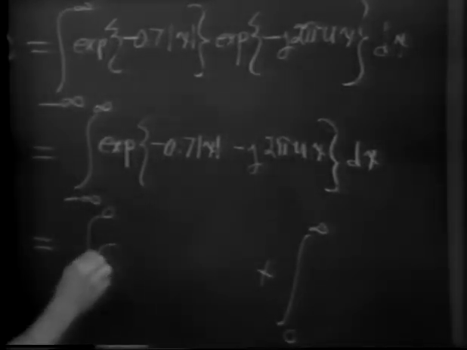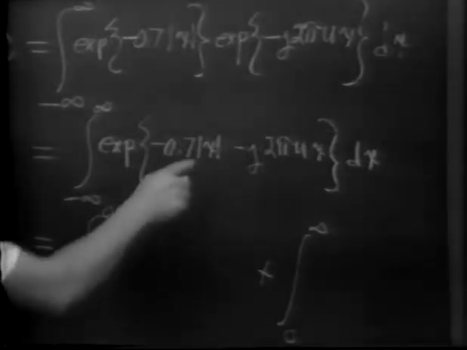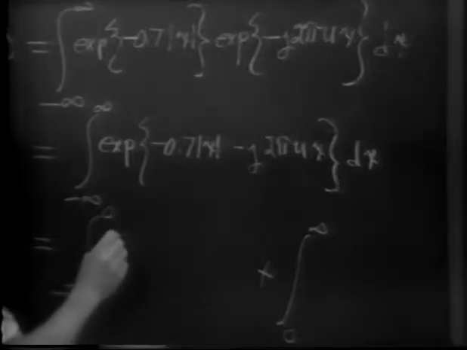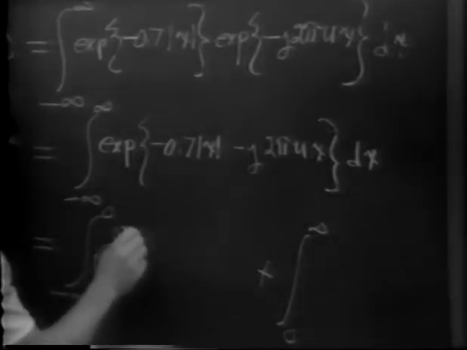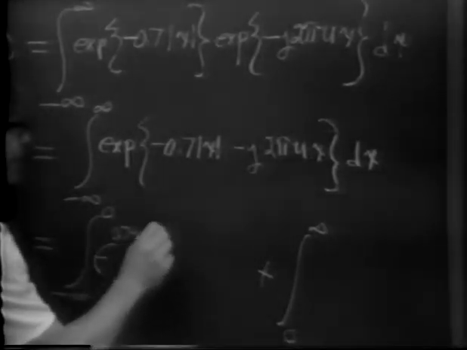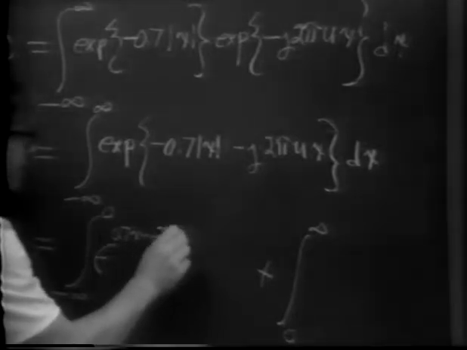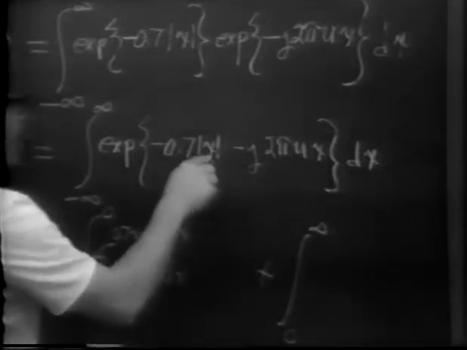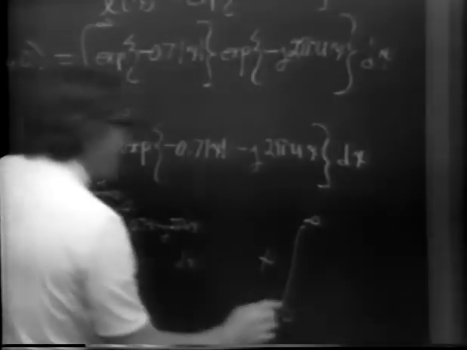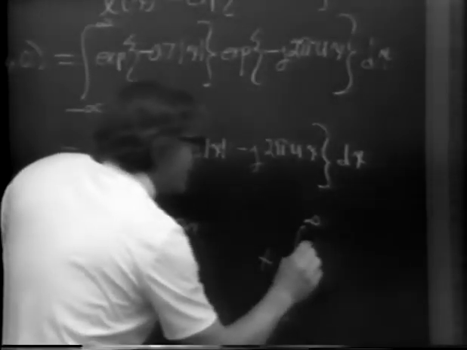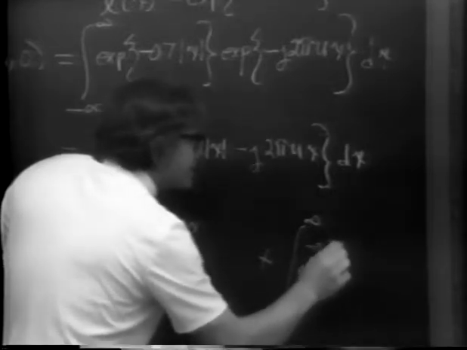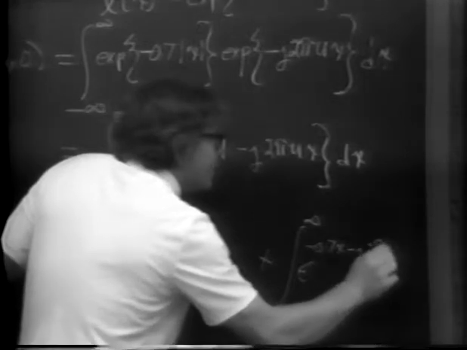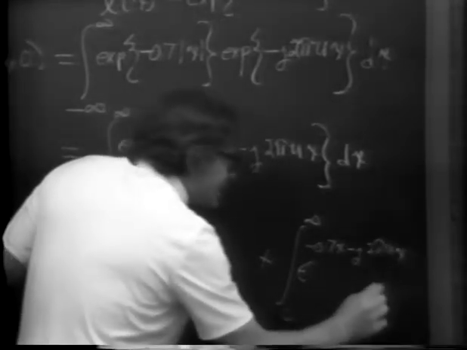And this term would be e to the, for values where x is negative, this is going to be minus x, so this would be plus 0.7x minus j 2 pi ux. And where x is positive, absolute value is just the positive value. So it's e to the minus 0.7x minus j 2 pi ux dx.